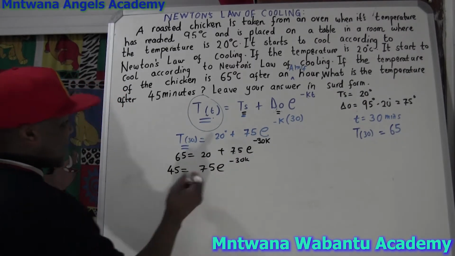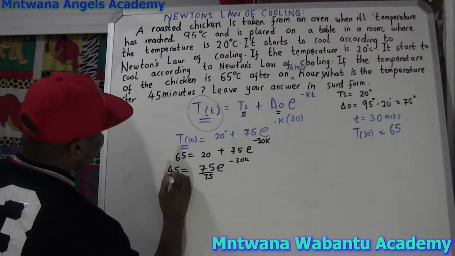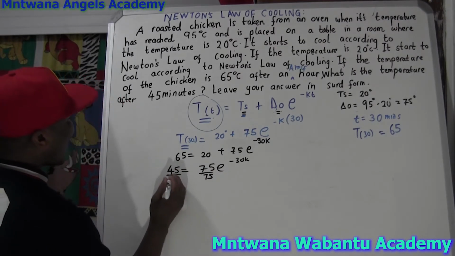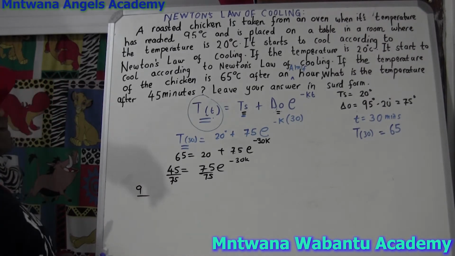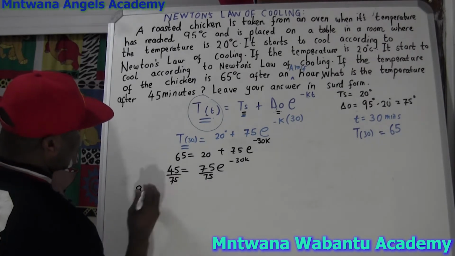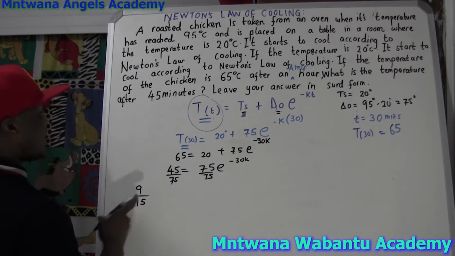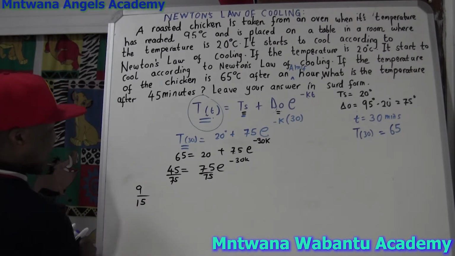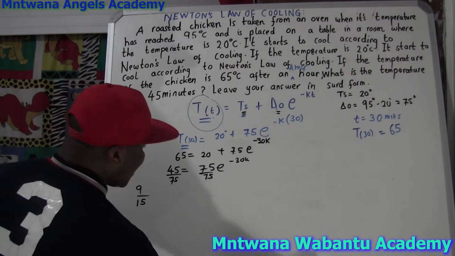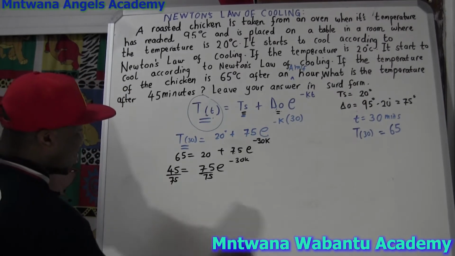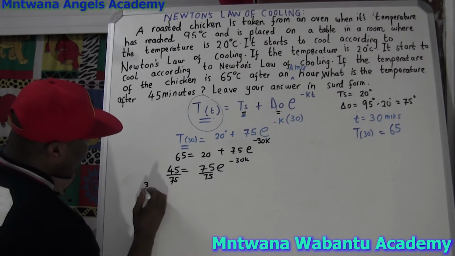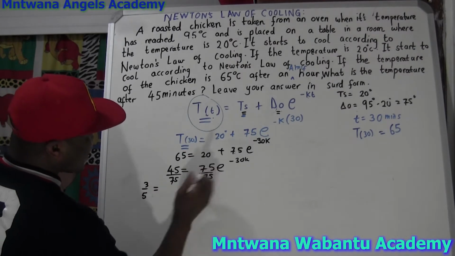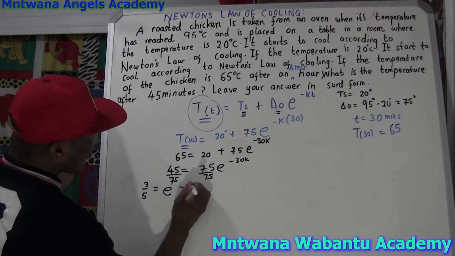Divide by 75 on both sides. 45 over 75: divide by 5, we get 9 over 15, and we can divide by 3 again, which gives 3 over 5. So 3 over 5 equals e to the negative 30k.